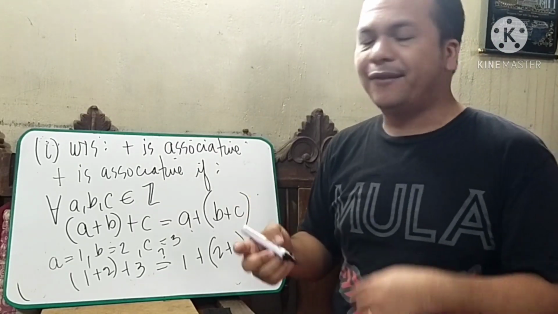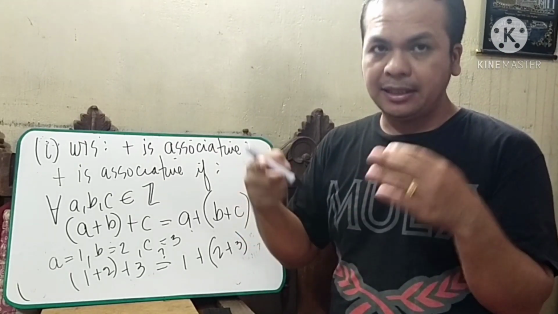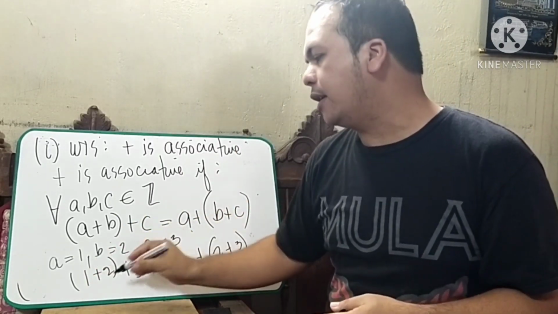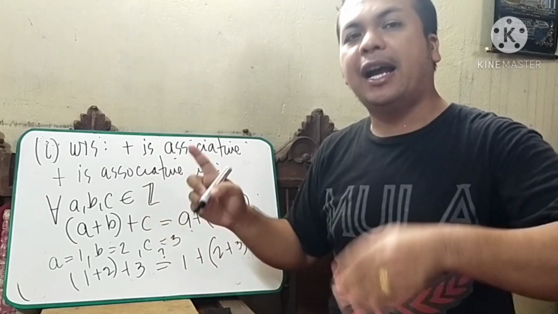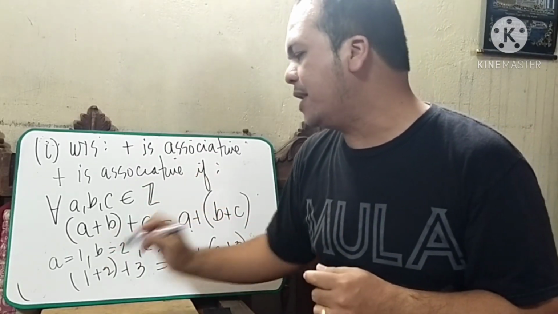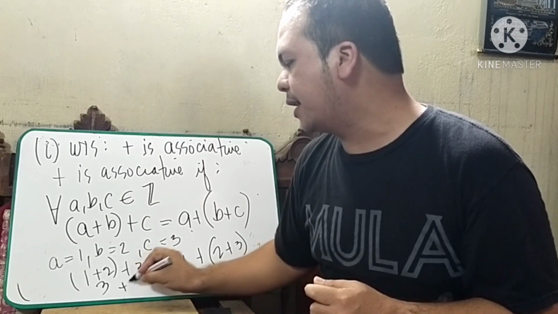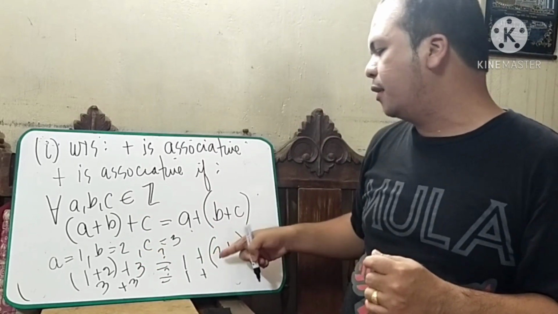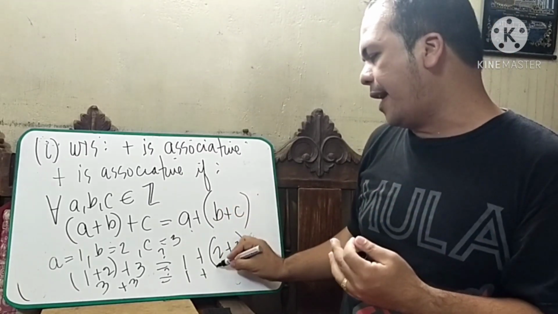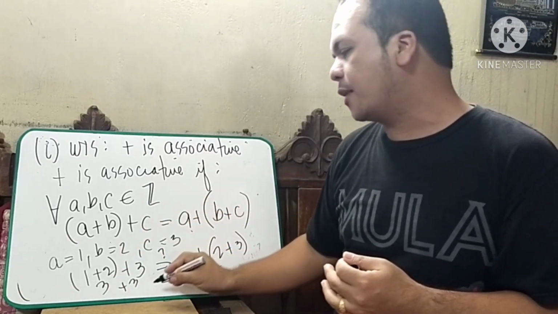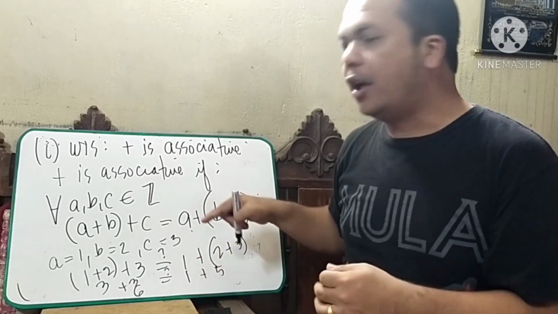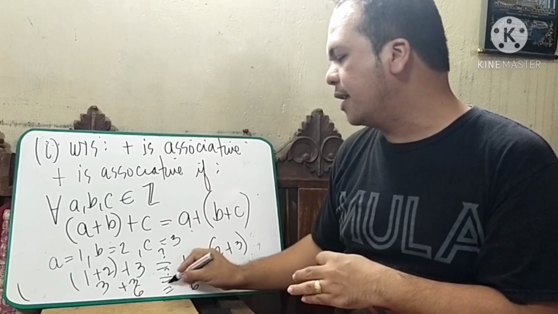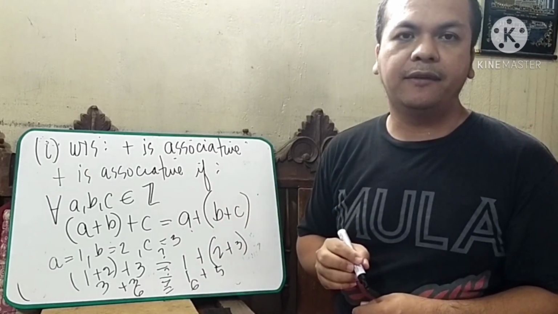Now, our rule is we have to simplify first what is inside the parentheses. So we will add first 1 and 2 here. Then afterwards, we will add the sum to 3. So we have 1 plus 2 is 3. Then plus 3. Is that equal to 1 plus, what is 2 plus 3? We have 5. So 3 plus 3 is equal to 6. And on the right hand side, we have 1 plus 5 is equal to 6. And of course, 6 is equal to itself.